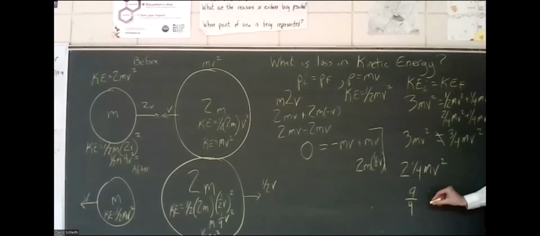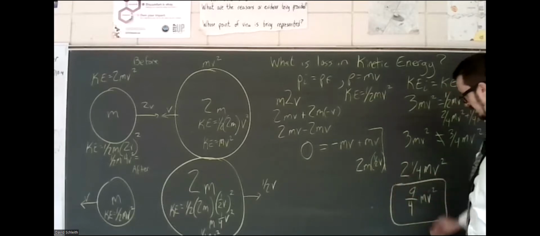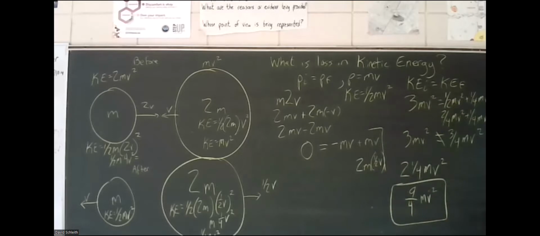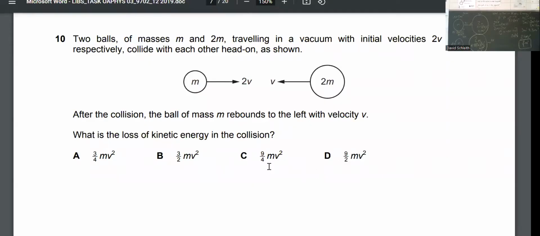So this one will become 9/4 mv squared is what we expect the loss in kinetic energy to be. Let's consult our answer choices once again. And indeed, choice C, 9/4 mv squared, is the best answer that we could come up with.